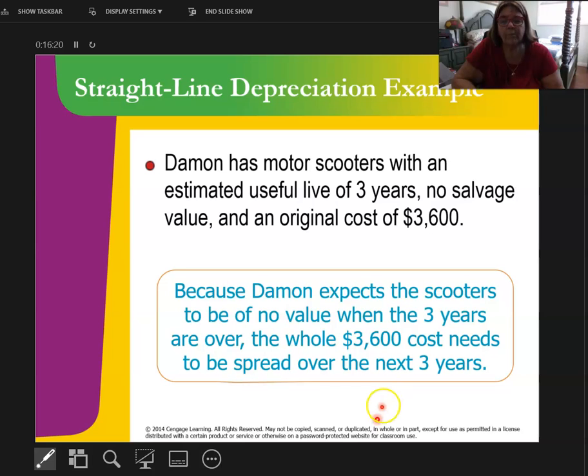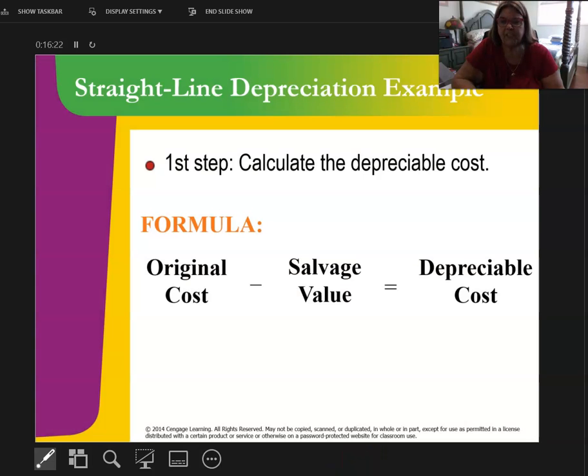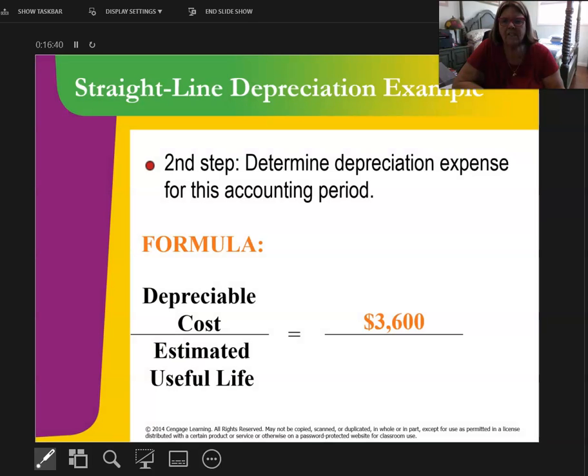So here is the formula for straight line depreciation. Original cost minus the salvage value equals depreciable cost. So let's plug in our numbers. Since there is no salvage value, it's $3,600, and now we're going to take our depreciable cost and divide by useful life.